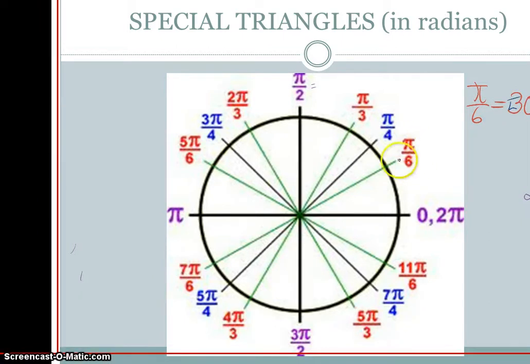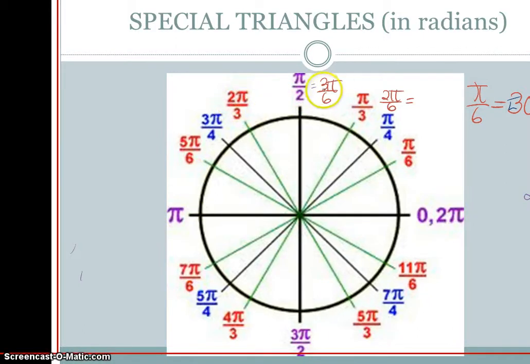So if we have pi over 6 and we add another pi over 6 onto it, we get 2 pi over 6, which we also know is equal to pi over 3 if we reduce it. Once again, if we start with 2 pi over 6 and we add another pi over 6 onto it, we get 3 pi over 6, which is equal to pi over 2. If we go on, let's add another pi over 6 because our goal is to add all the way to pi.